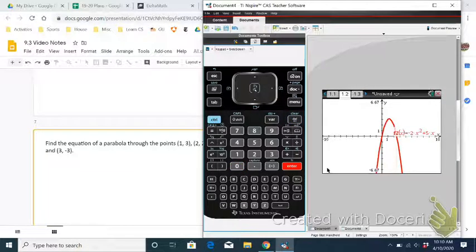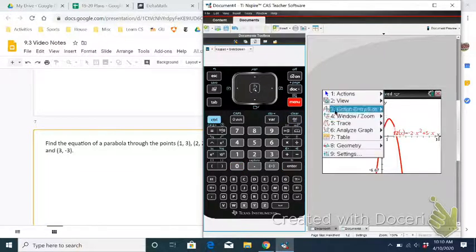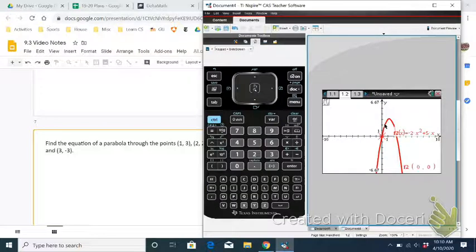And we have this parabola, and if we trace it, we could see that when x is 1, y is 3, when x is 2, y is 2, and when x is 3, y is -3. So we succeeded.